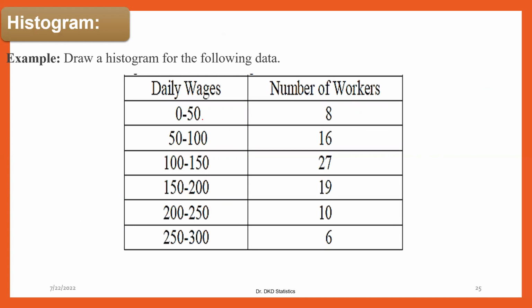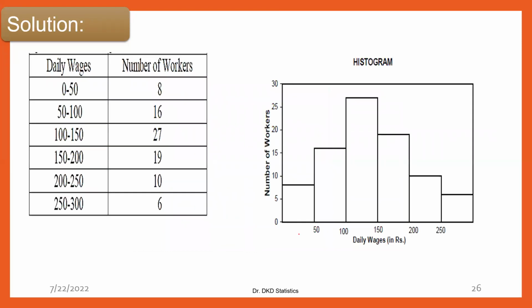Now see here, daily wages and number of workers. Suppose in a hospital, daily wages 0 to 50 rupees, 8 workers; 50 to 100 rupees, 16 workers; 100 to 150, 27; 150 to 200, 19; 200 to 250, 10; 250 to 300, 6. Suppose this data is given, how do we create the histogram?